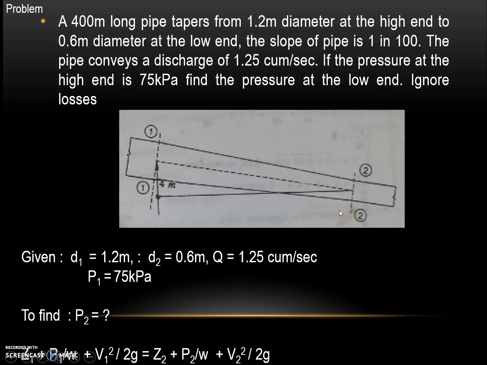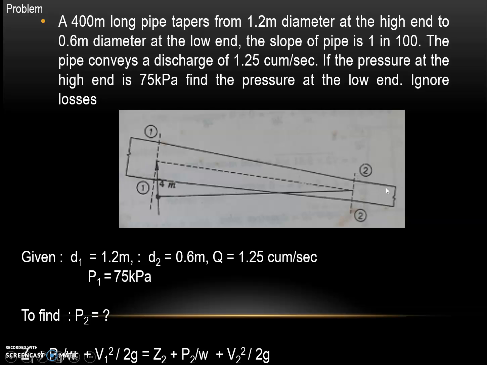So to find P2, we will use Bernoulli's equation, that is, head at section 1, H1, is equal to head at section 2, that is H2. H1 is the summation of datum head, that is Z1, pressure head, that is P1 by W, and velocity head, that is V1 square by 2g.